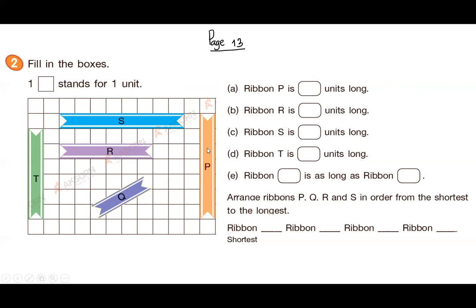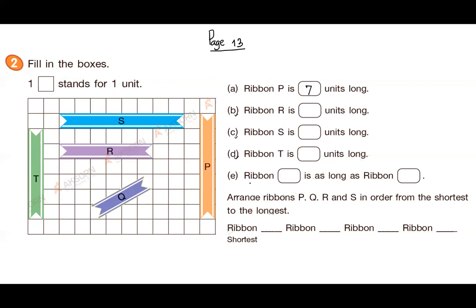So this is ribbon P, and we see 1, 2, 3, 4, 5, 6, and 7. 7 units long. Okay, now you can answer part B, part C, part D.